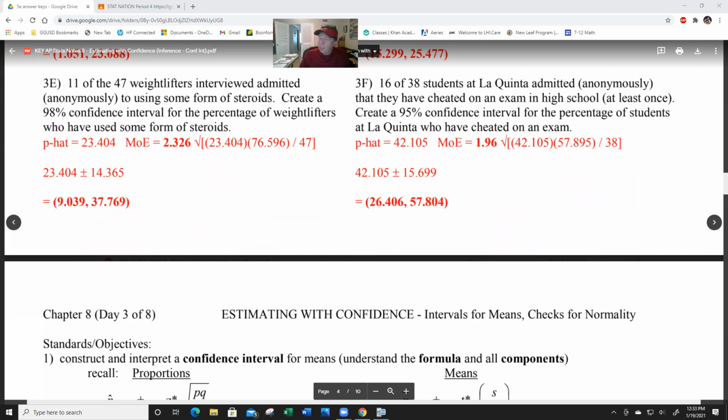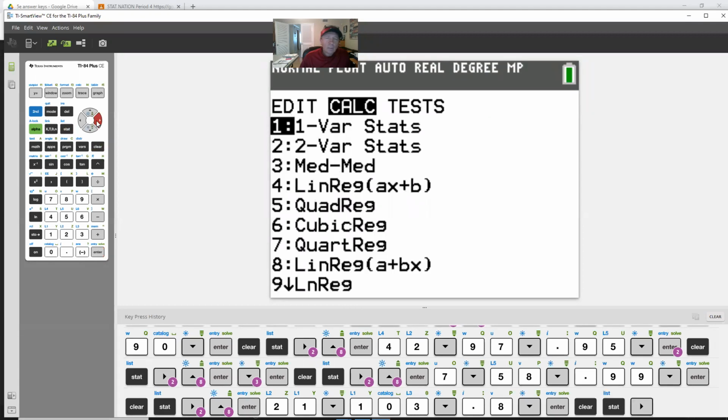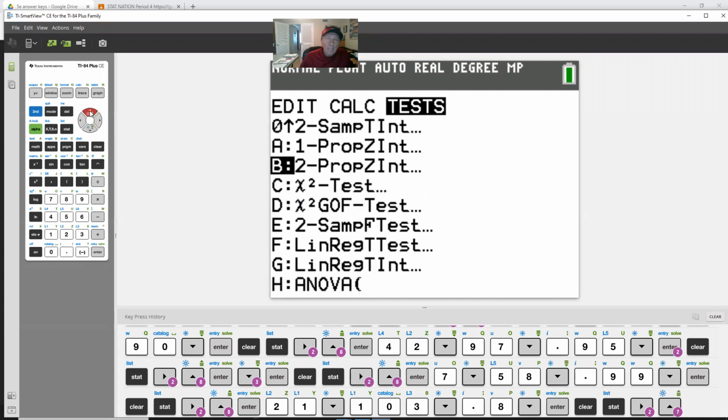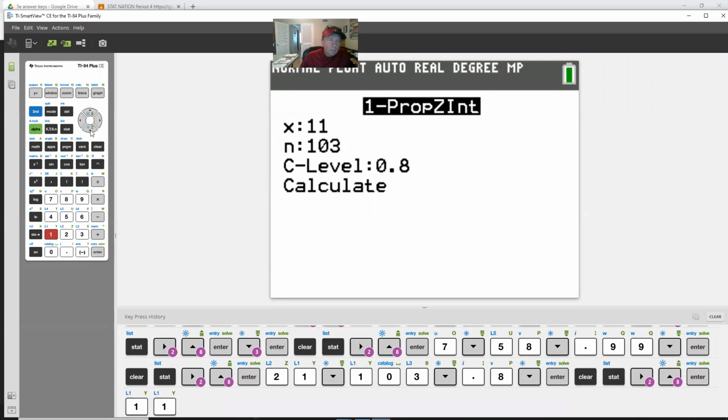Erase this. I'm going to get to it. All right, we got 11 out of 47 at 98%. No problem. Okay, stats, tests, 1 prop Z interval. 11 out of 47 at 98%, 0.98 confidence.